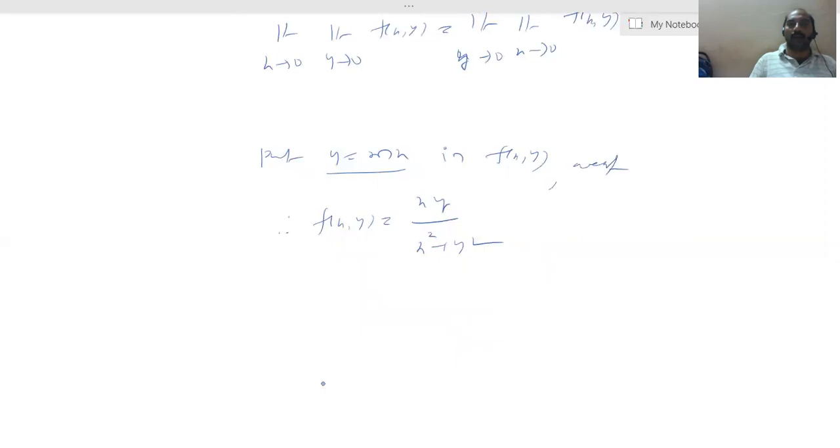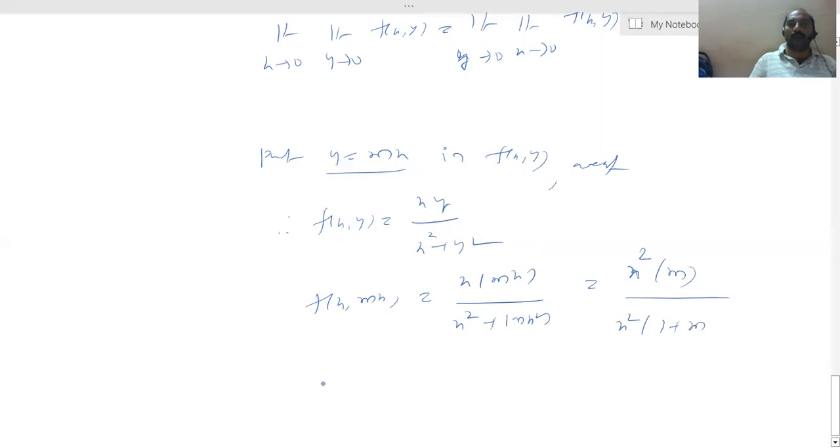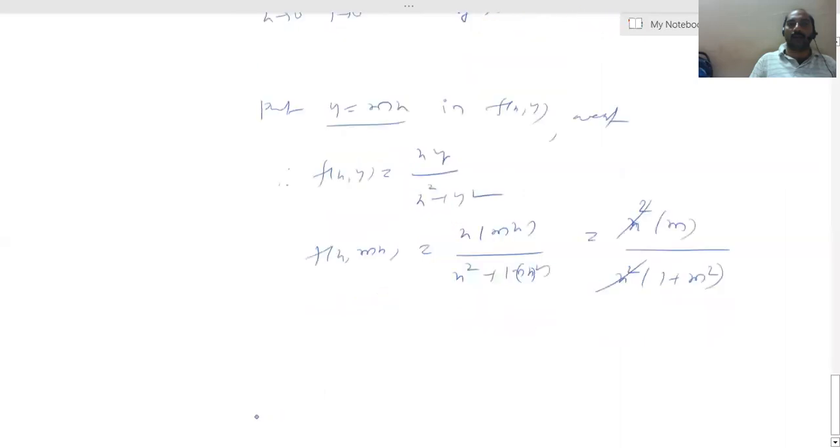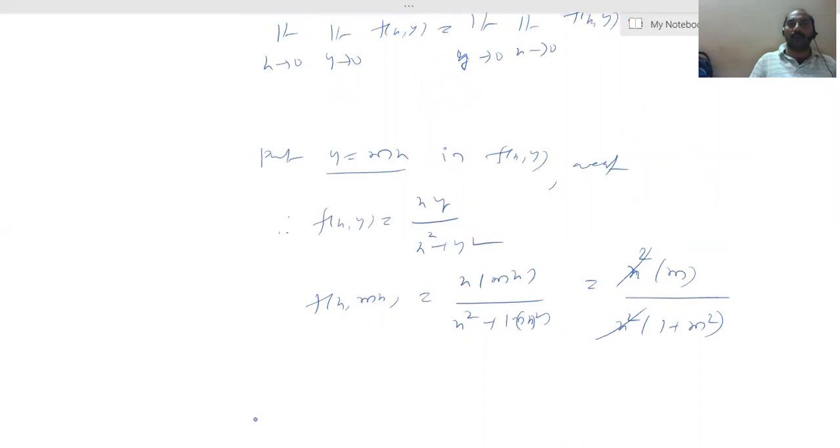Then we get f of x comma mx, that means x into mx by x square plus mx square. X square is a common factor in the numerator, x square into m. In the denominator, x square is a common factor, 1 plus m square, since mx whole square means m square x square. X square gets cancelled. Finally, this value becomes m by 1 plus m square.